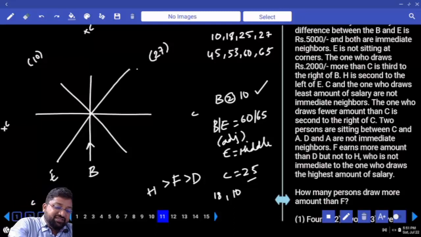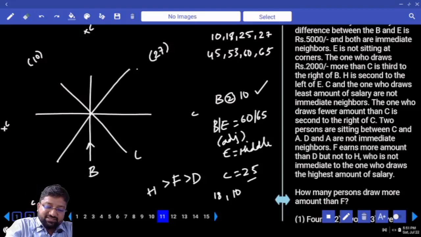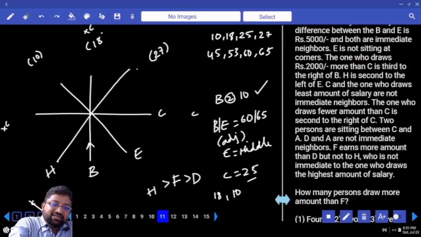If this is E, 100% guarantee this is H, and H will become the person having least salary. But H is having salary more than 2 persons. Can H have the least amount of salary? No. So for sure, this is E, this is H. When that is H, this cannot be C. 100% guarantee this is C and this is 18.